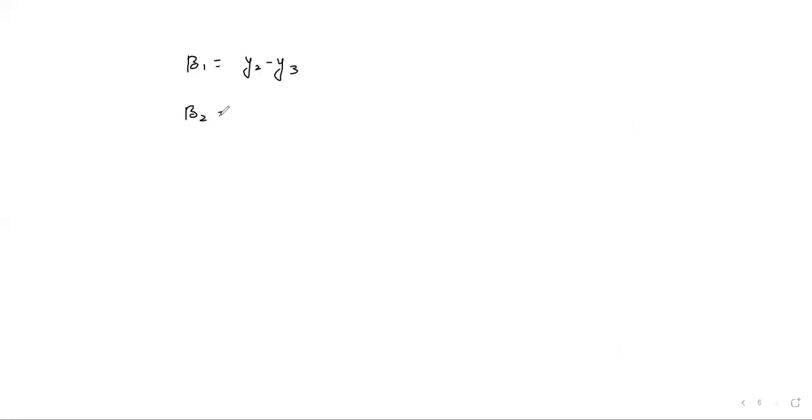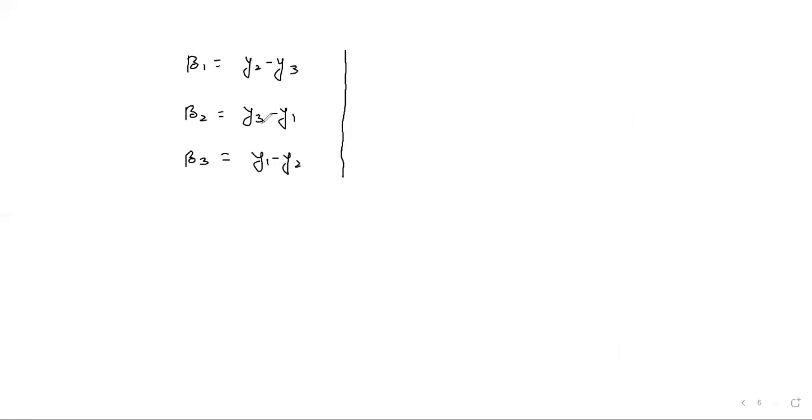Beta 2 we will find as y3 minus y1. Beta 3 we can find as y1 minus y2. So 2 3, 3 1, 1 2, it is in sequence itself. If you remember the first one, you can remember the second and third also.